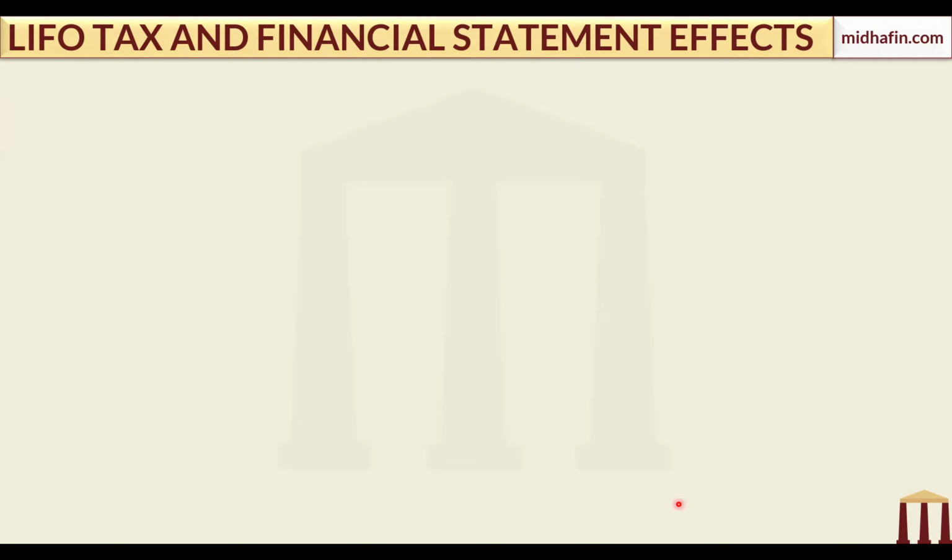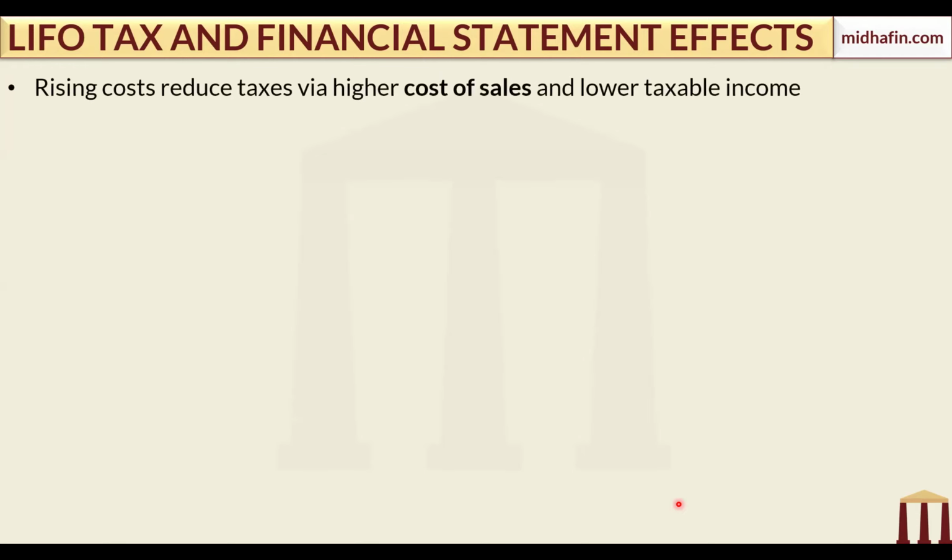Now, if the costs are rising, it will reduce the taxes via higher cost of sales. So again, the idea is the same: if profitability is lower, that is what we saw.